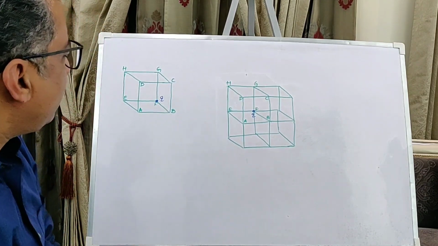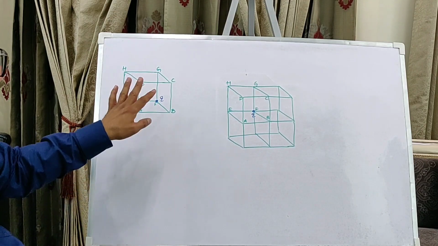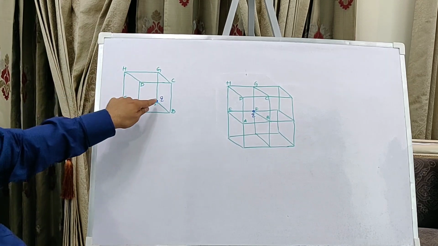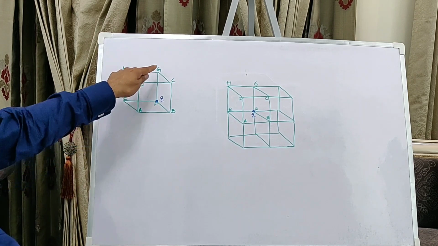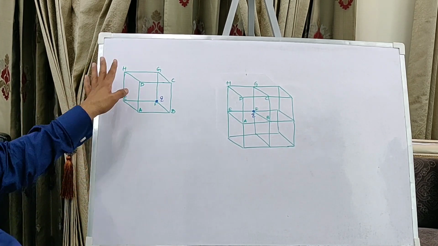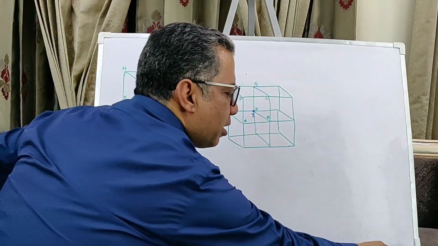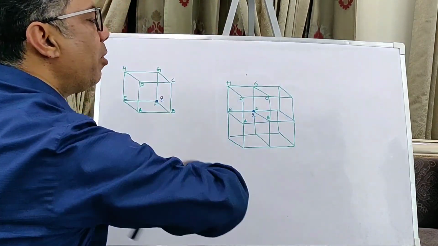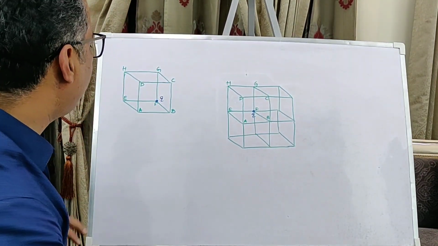Now it's quite easy to anticipate the flux through the surfaces which are in contact with charge Q. For example, if you look at EFGH, the field due to charge Q on the surface EFGH will always be tangential to the surface. For example, if we have this board and we keep a charge Q at this corner of the board, then at any point on the board the field will be tangential to the surface of the board.